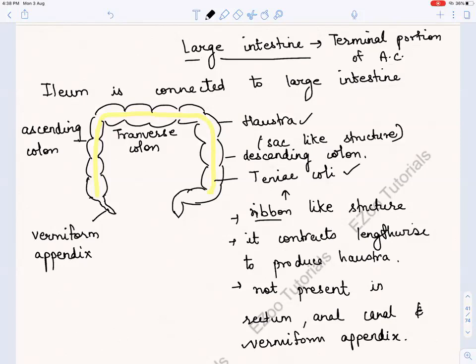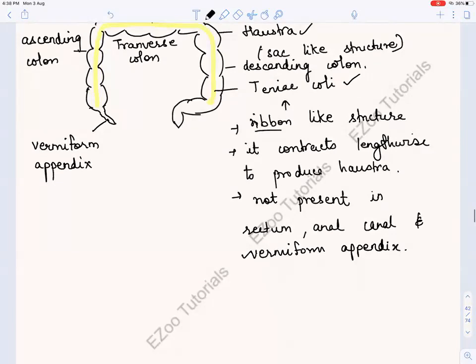So what is the vermiform appendix? Let us write over here only. Basically, the vermiform appendix is considered to be a vestigial organ. You might know this. It is highly developed in herbivores, but in us, it is a vestigial organ.